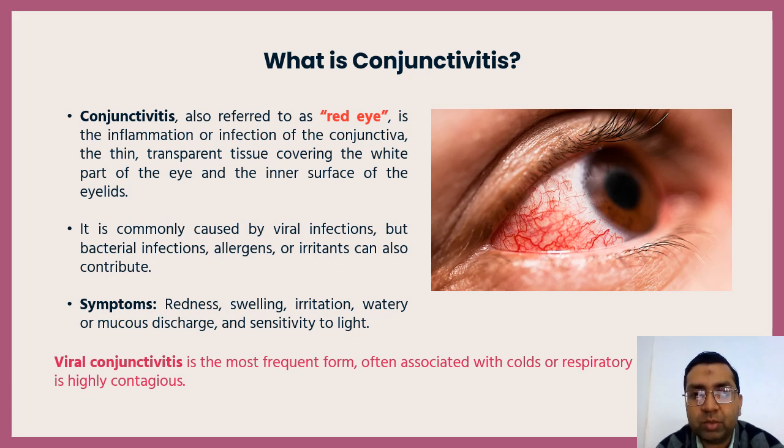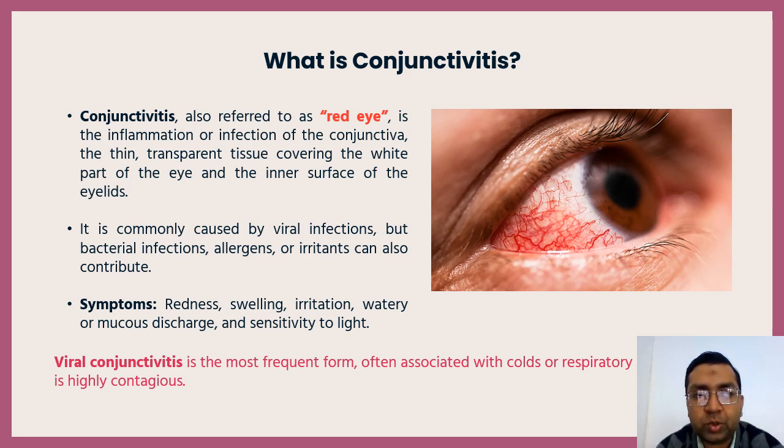All these symptoms generally occur with inflammation, and it can be caused by different reasons. Sometimes it is caused by a viral infection, sometimes by a bacterial infection, and sometimes by allergens like pollen grain and dust particles, or irritants like cold air and hot air.